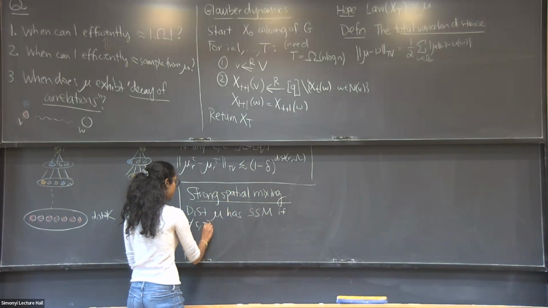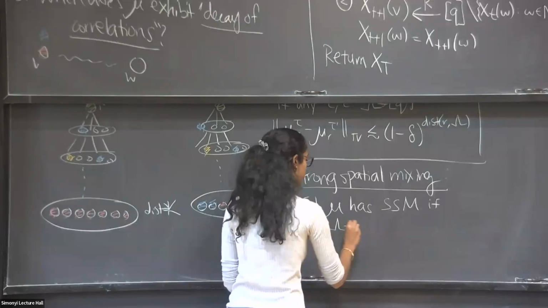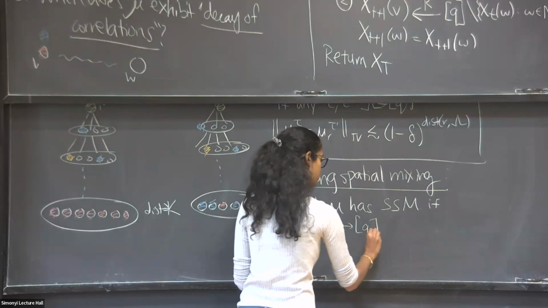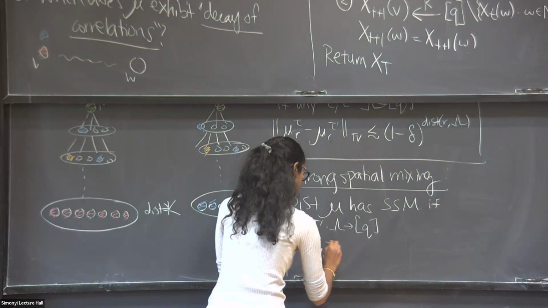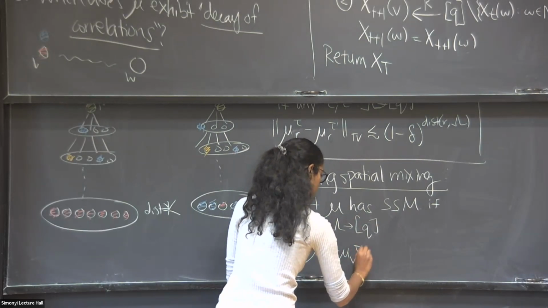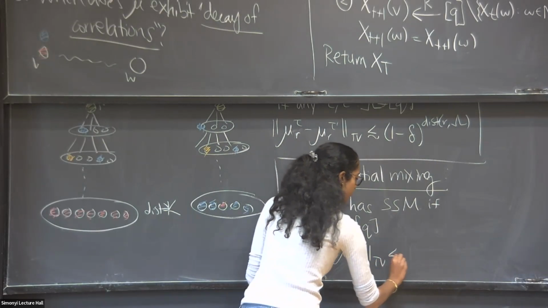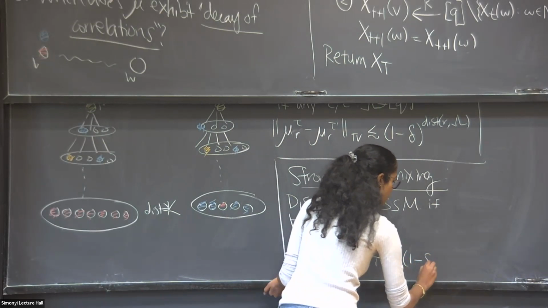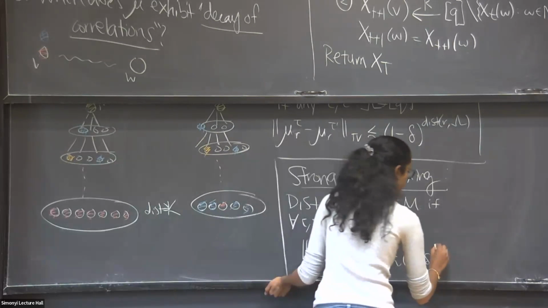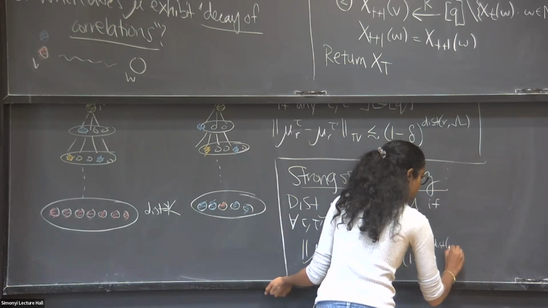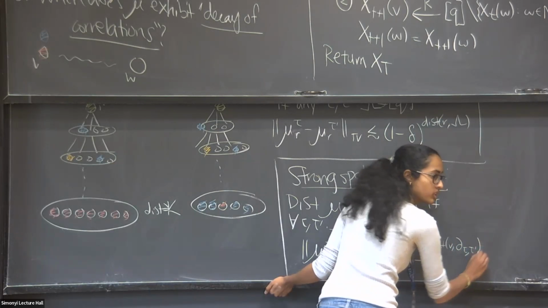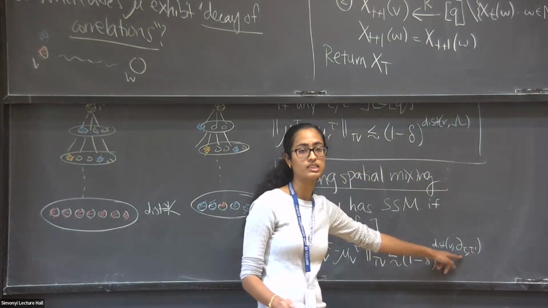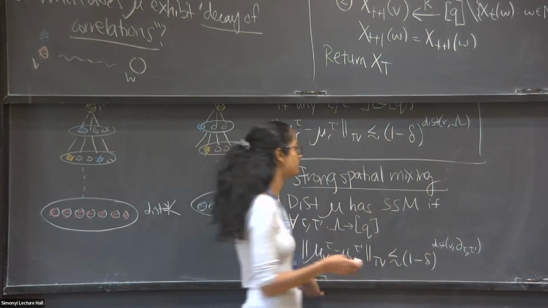So for all tau and tau prime that go from lambda to q, I have that the TV distance is decaying like 1 minus delta, but now this is to the distance from V to where these disagree, which I'm going to denote by this partial sign. So it's not just to where the first vertex is, but it's to the first place where they disagree.